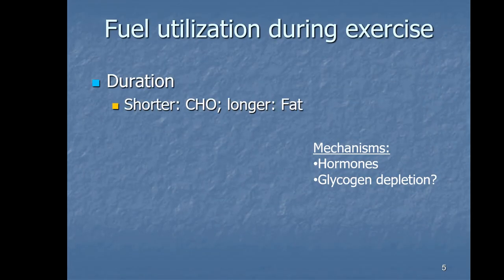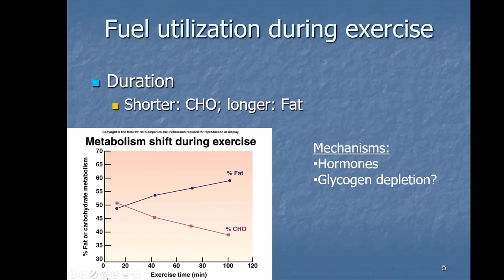When we look at duration, you see another thing. It's not quite as clear, but assuming a constant submaximal intensity, that could be running on the treadmill at a given speed, let's say 5-6 miles an hour, something like that, and looking at exercise time on the x-axis and percent fat or carbohydrate on the y-axis, you can see as time increases, as you go from, let's say, a long run of an hour to 2 hours, you basically shift from a mix of fat and carbohydrate to relying more and more on fat.